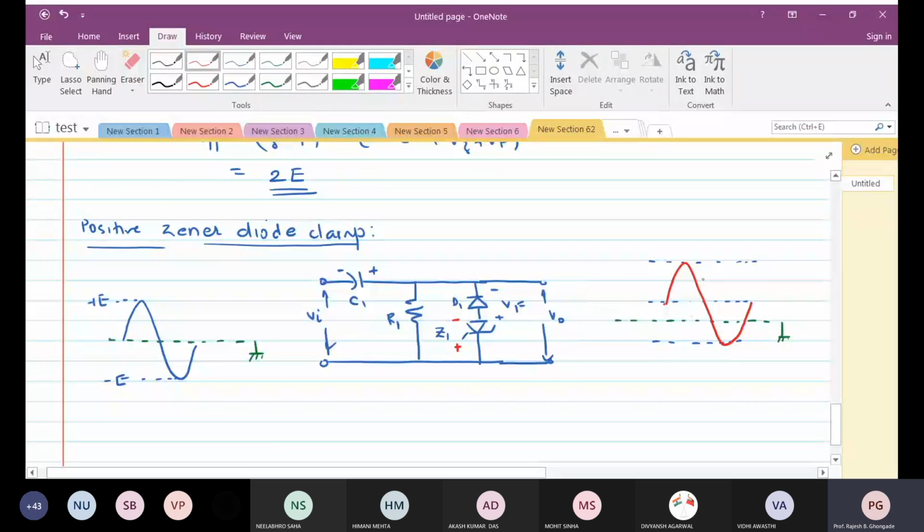Now look at the way in which it is shifted. This value is minus Vz plus Vf.